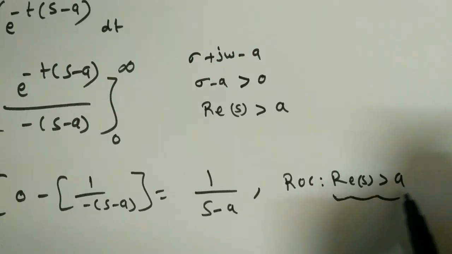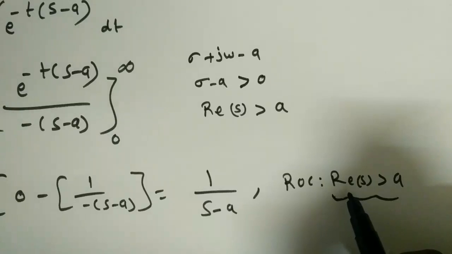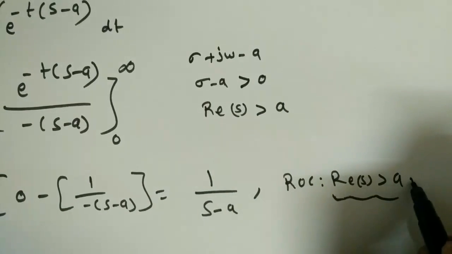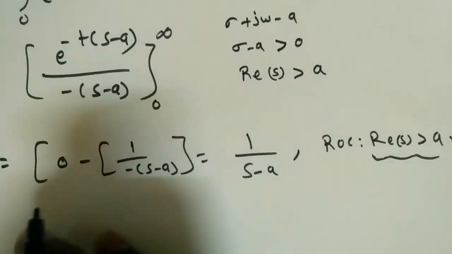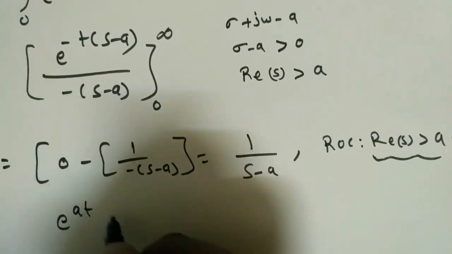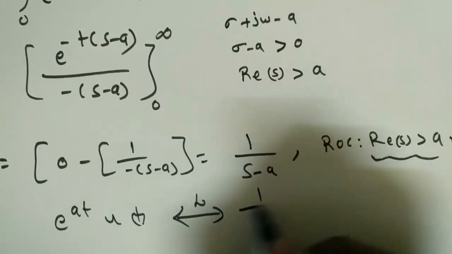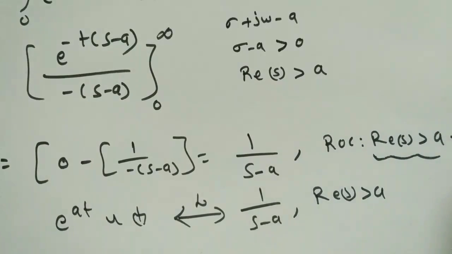For some values of real of s it will converge. You have to remember that for e power at u of t, the Laplace transform is 1 by s minus a, and the real of s is greater than a, right?